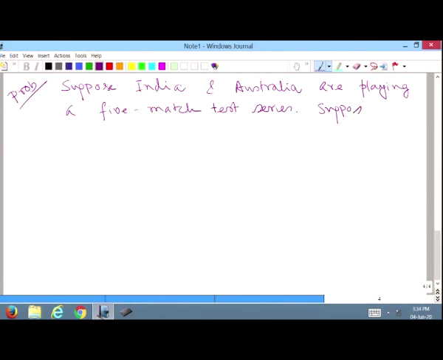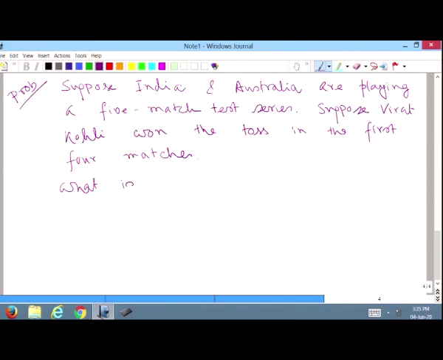Suppose Virat Kohli won the toss in the first 4 matches, what is the probability that he will win the toss in the 5th match as well?